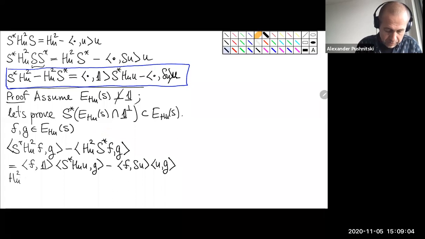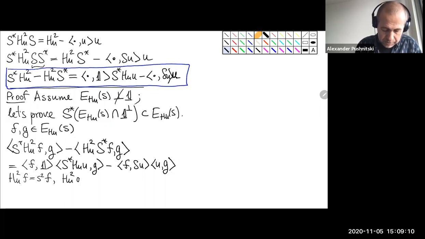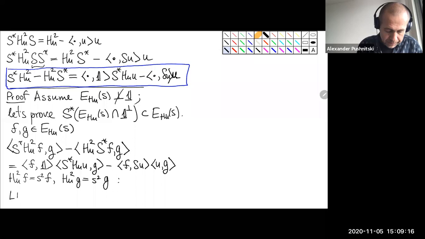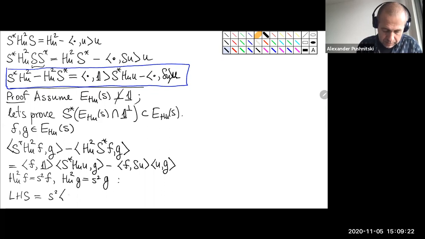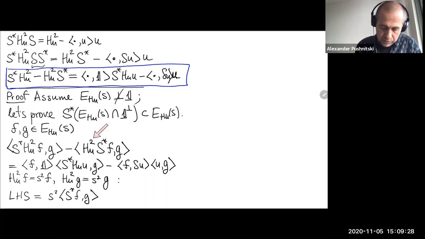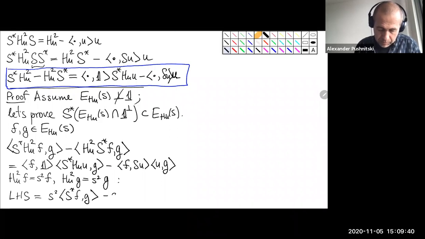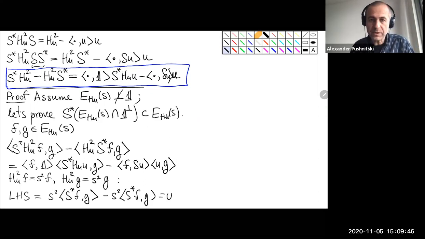HU squared f equals S squared f, HU squared g equals S squared g. And so for the left-hand side we get S squared S star f g. And then in the second term, I can move HU squared to the right. Remember, it's a self-adjoint operator. And then I use the same identity here. And so what I get is 0, right? Because this is also S squared S star f g. So my left-hand side is 0.